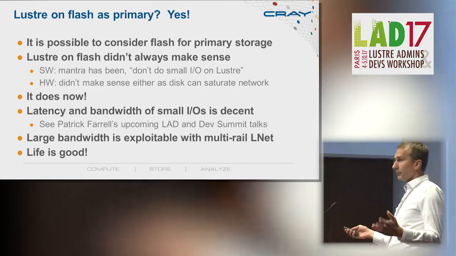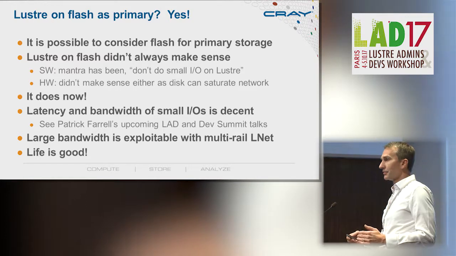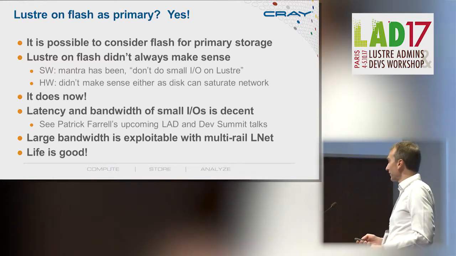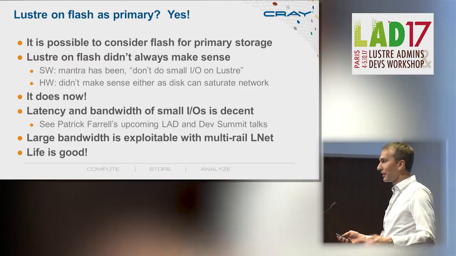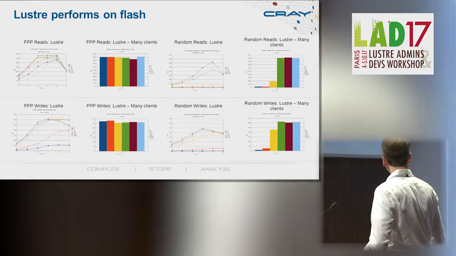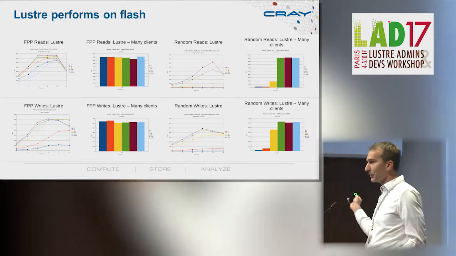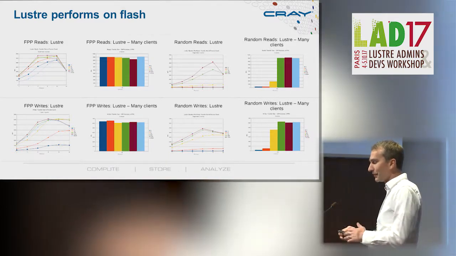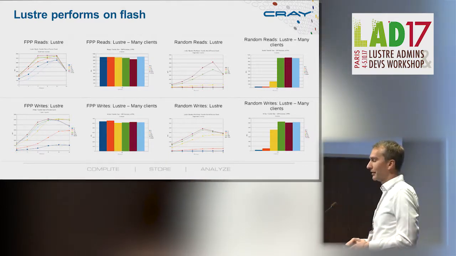So, life is good, right? We add Flash and our users are happy, everybody's happy, right? In fact, I just wanted to throw a couple graphs on the screen. I don't expect you to be able to read the axes or anything.